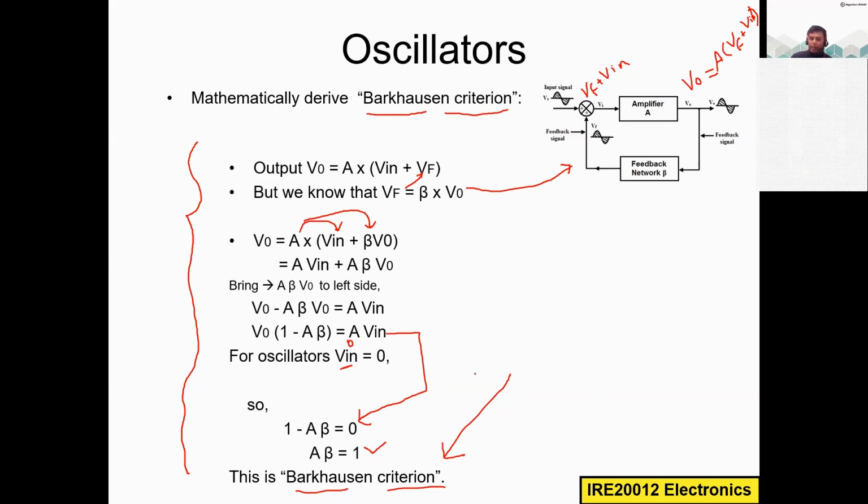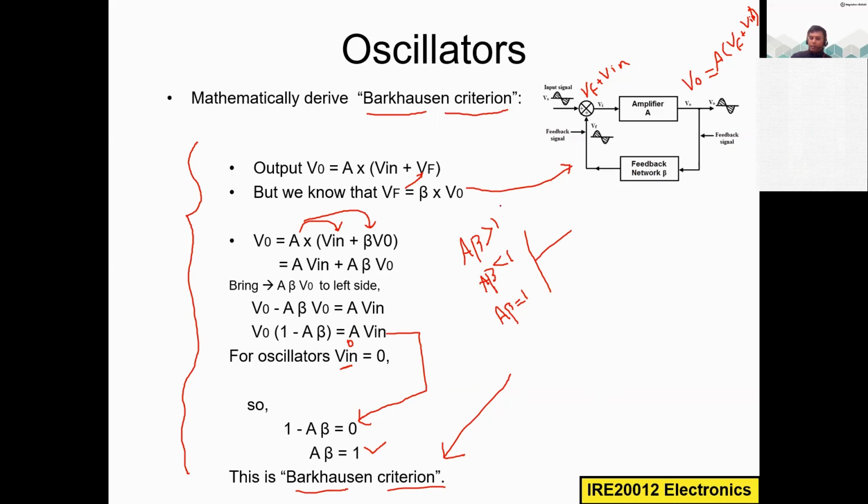But before that, we had done some kind of case analysis. In the case analysis, we applied A beta greater than 1, A beta less than 1, and A beta equal to 1. And we had also given some numerical examples.